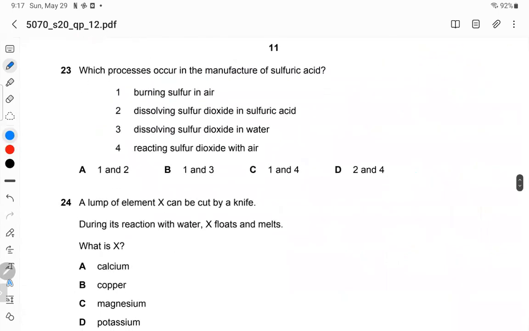Okay, question number 23. Which processes occur in the manufacture of sulfuric acid? Burning of sulfur in air, does this occur?